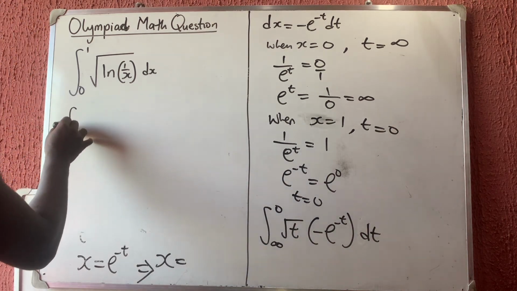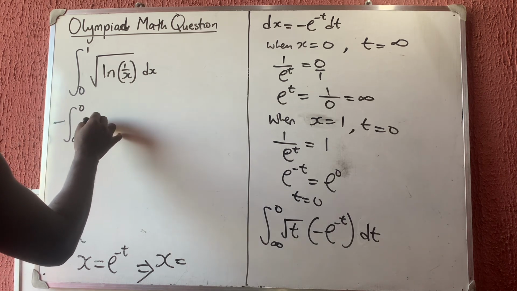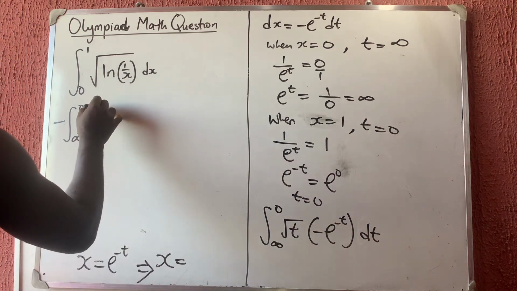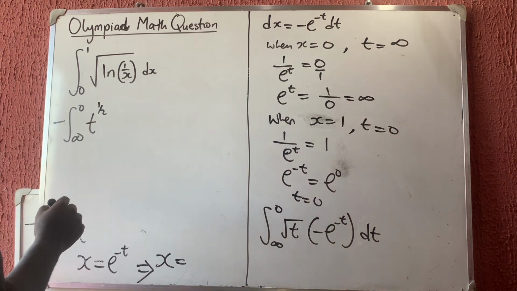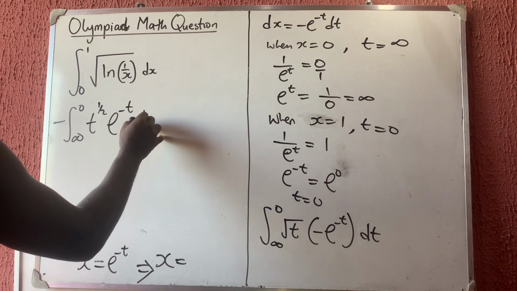This is minus the integral from infinity to 0 of t raised to power 1 over 2, since square root means raised to power 1 over 2, then e raised to power minus t dt.